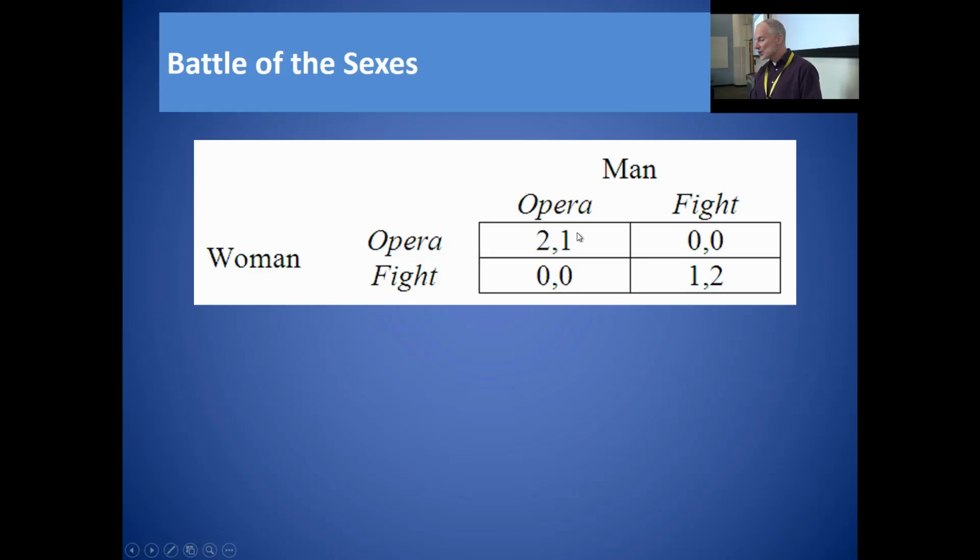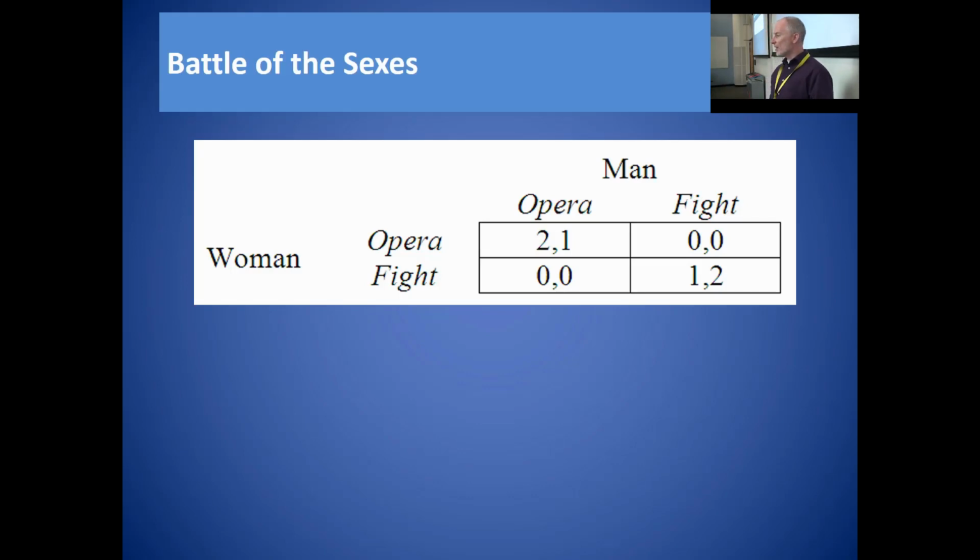For the man, his second most preferred outcome is that they go to the opera together. And if they go to different venues, that's the worst possible outcome. So here, when one goes to the fight and the other goes to the opera, and vice versa, they both get their least preferred outcomes of 0. And that is the battle of the sexes.